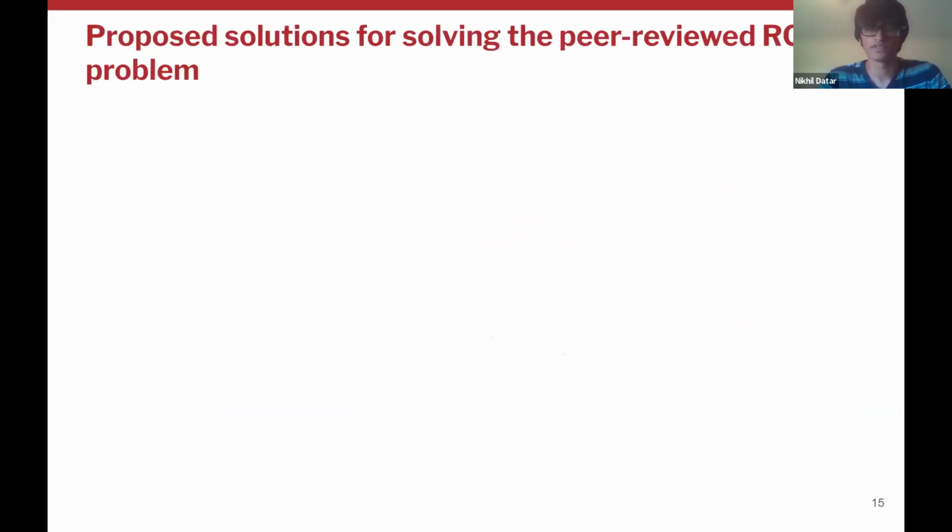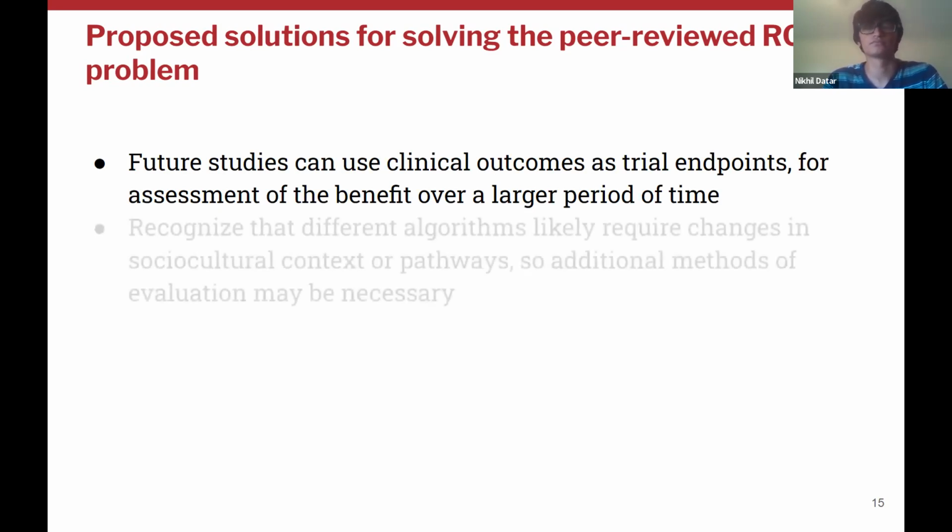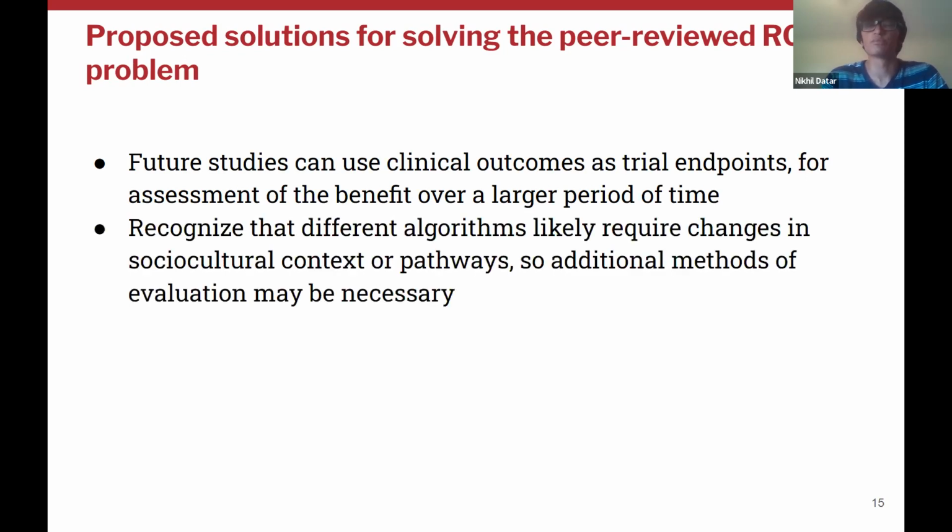Now, there are several proposed solutions to the peer-reviewed randomized controlled trial problem. First, future studies can use clinical outcomes as trial endpoints for assessment of the benefit over a larger period of time. Additionally, it's important to recognize that different algorithms require changes in the sociocultural context, so additional methods of evaluation may be necessary.